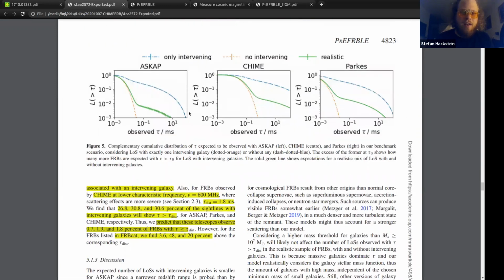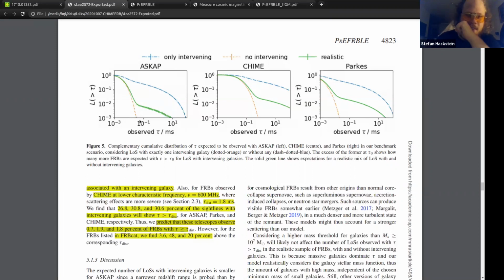The dash-dotted line shows a sample where we only have lines of sight with intervening galaxies, as opposed to the dotted variant where we only have lines of sight without intervening galaxies. A realistic combination of the two is the solid line, which shows a realistic combination of lines of sight with and without intervening galaxies.